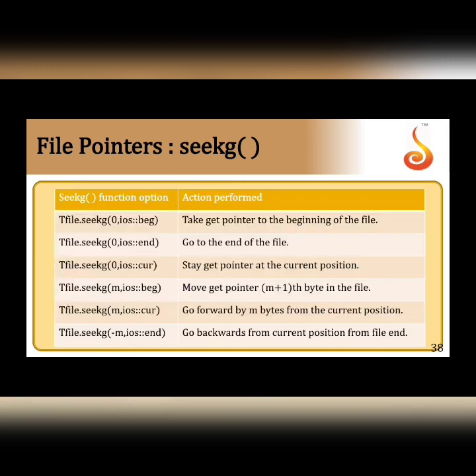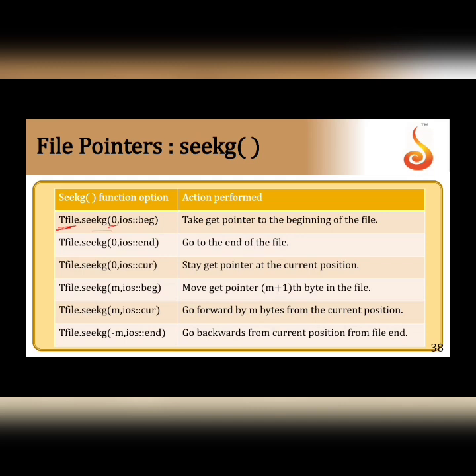Please have a look here. These are the function options I can have. Just now what we discussed, I had put it in a table. This is fileobject.seekg(0, ios::beg): get pointer to the beginning of the file, because 0 is the beginning of the file, right?